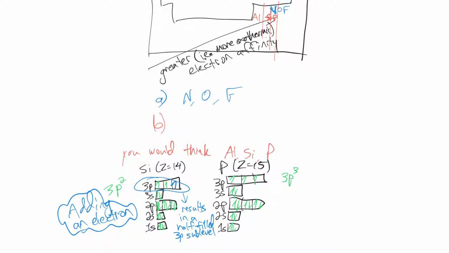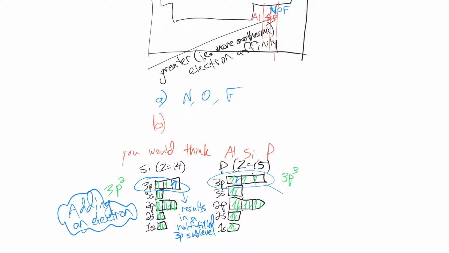In the case of phosphorus, it already, when neutral, has a half-filled sublevel. Adding one more electron doesn't do anything especially energetically favorable, other than it generally is favorable to add one more electron.